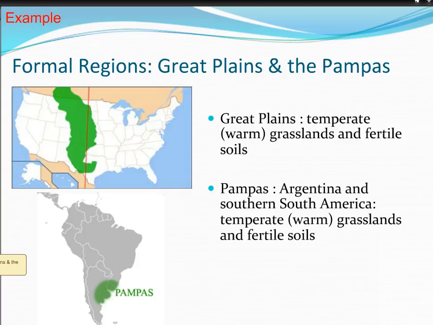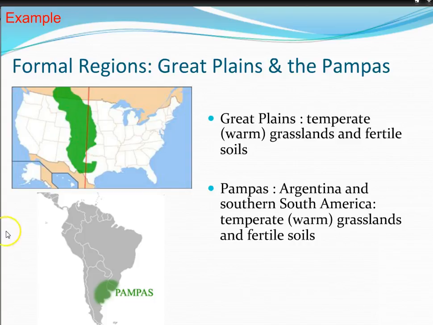But formal regions could also be broken down into other specific categorizations. So the Great Plains, for example, is a very specific ecological or geological part of the United States. And it has its own boundaries and it shares characteristics along that entire path.